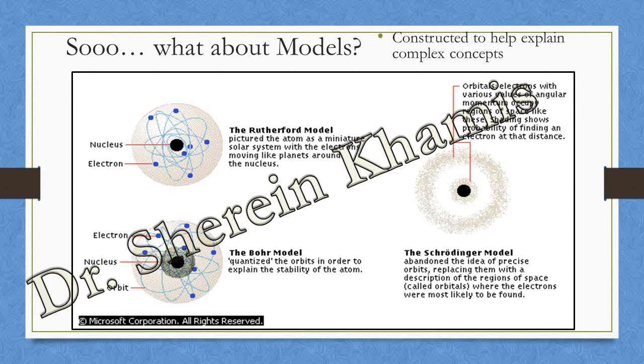So here we have a solar system, like the sun in the center and planets revolving around it. Okay, there are some similarities between both systems, with electrons moving around the nucleus like the planets. So electrons are similar to planets and the nucleus is similar to the sun in the center of the solar system.